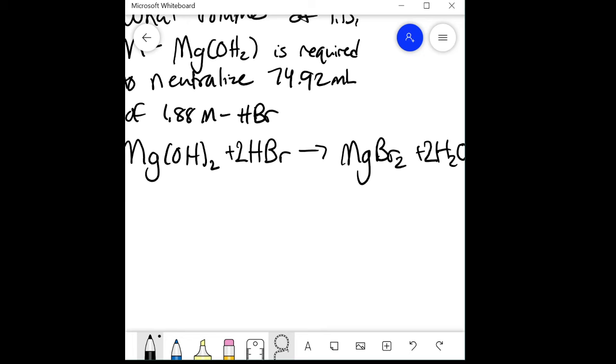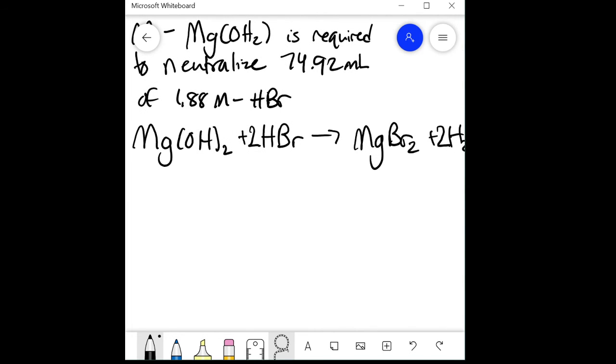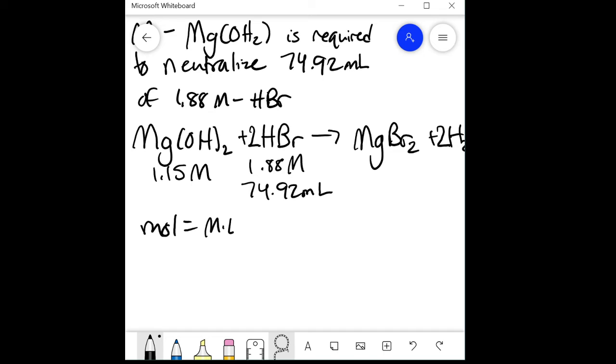So now that we have the balanced equation, let's write down what we know. For magnesium hydroxide, we know its molarity. We don't know the volume. For hydrobromic acid, we know the molarity, and we know the volume. So we're going to start with hydrobromic acid, and our first step is to find the moles. Remember, moles equals molarity times volume, so that would be 1.88 molarity times 74.92 milliliters.